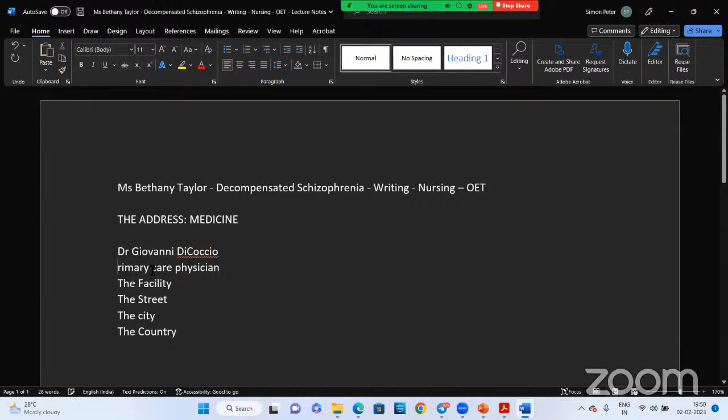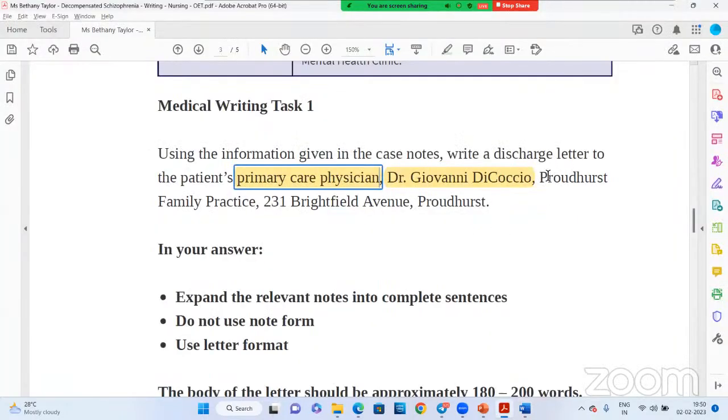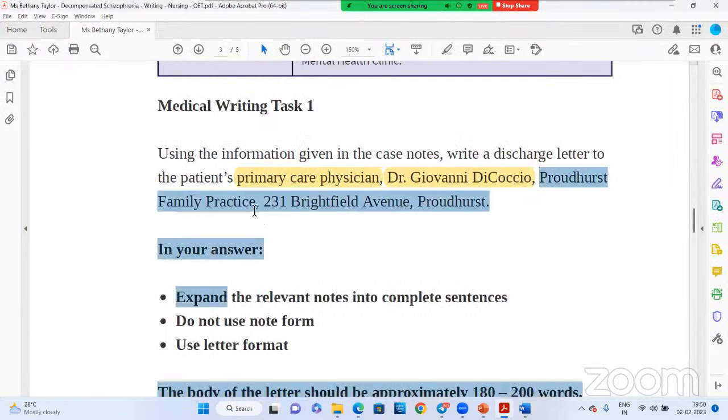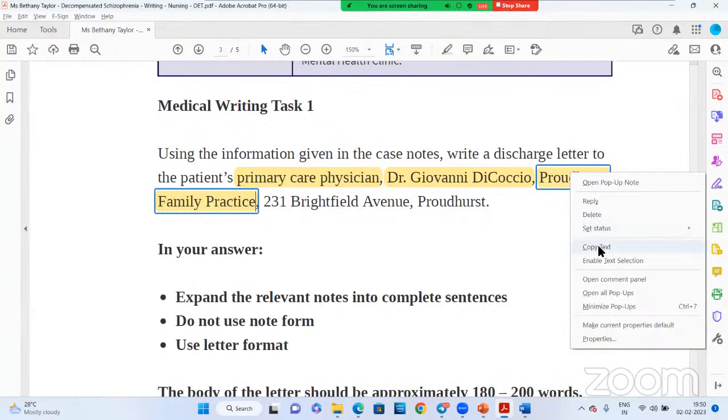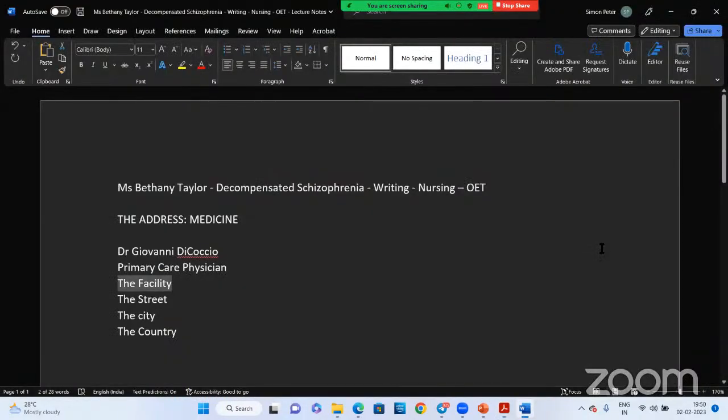C is a capital letter, and physician, P is a capital letter. So, Primary Care Physician. Next, the facility. The facility is Proudest Family Practice. That is the next one.